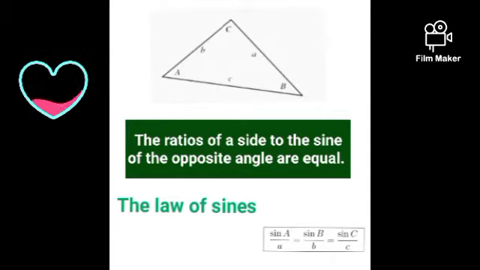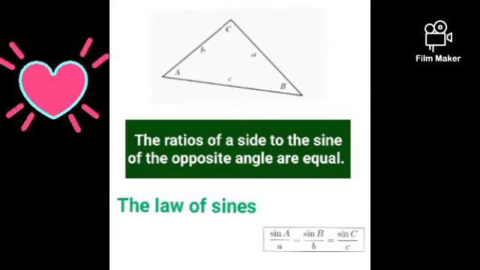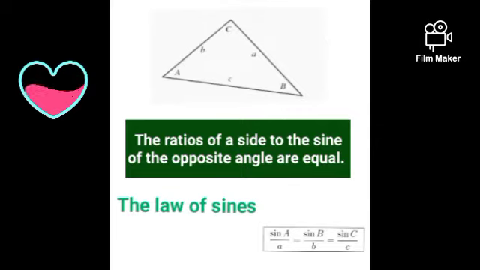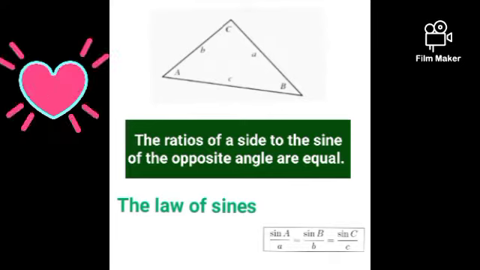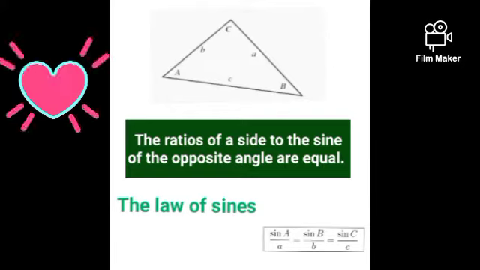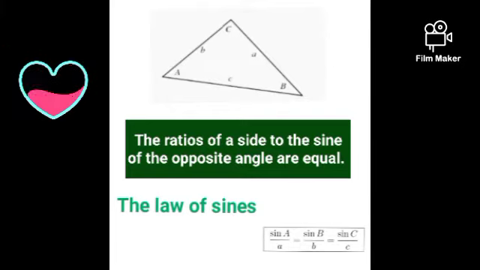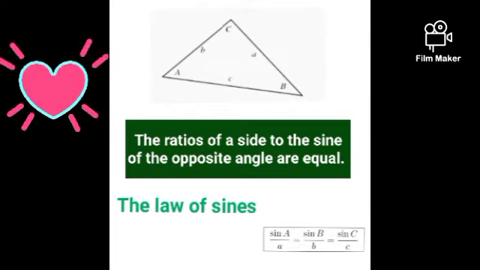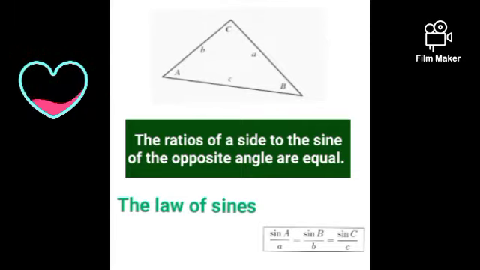The fraction sine of angle A over side small a, the side opposite angle A, is a ratio. Similarly, sine of angle B over side small b is a ratio, and sine of angle C over side small c is a ratio.